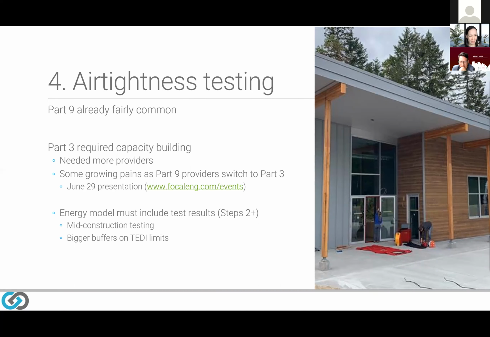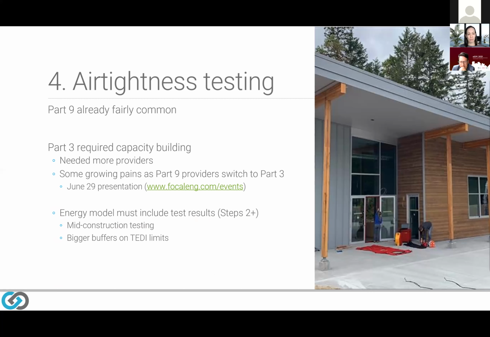One of the things that I mentioned earlier that is really big related to air tightness testing is that the results have to go back into the model for steps 2+. And so as a result, we're seeing sort of two things come out of this, one being mid-construction testing. So while the air barrier is still accessible, doing some sort of testing to see if the project is at least on track.